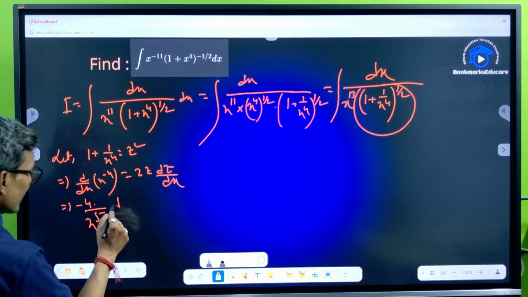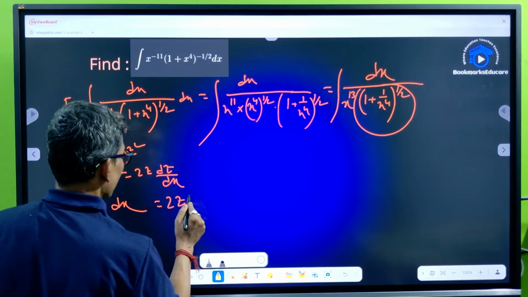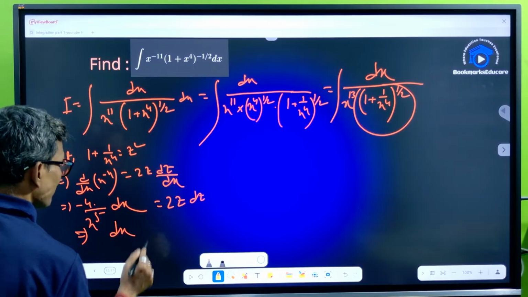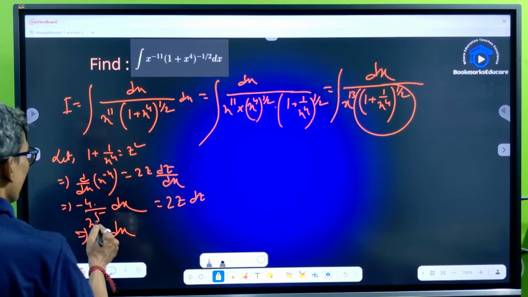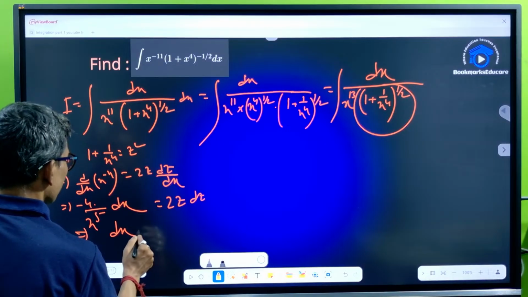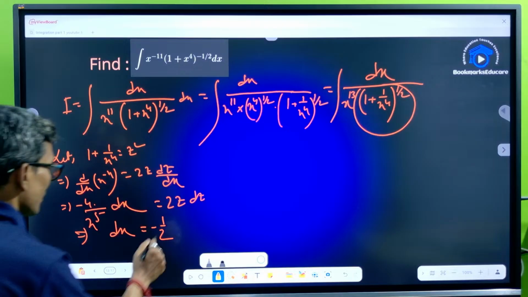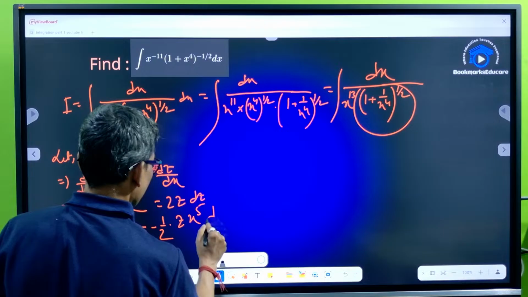So dx is equal to 2z dz, so dx is equal to minus half z into x to the power 5 dz.